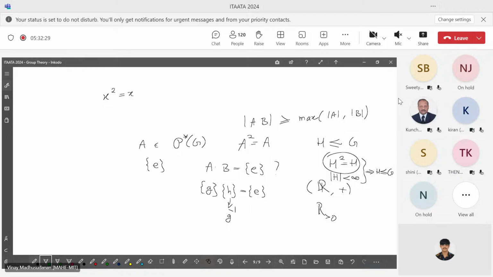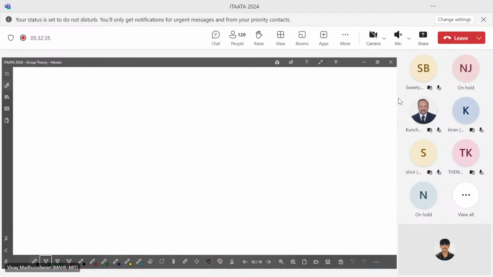So why is it true if it's finite? If H is a subset of G which is finite, then H square equal to H implies H is a subgroup of G. Again, a reminder: H square doesn't mean the square of elements of H, it means all products, all binary products of elements.